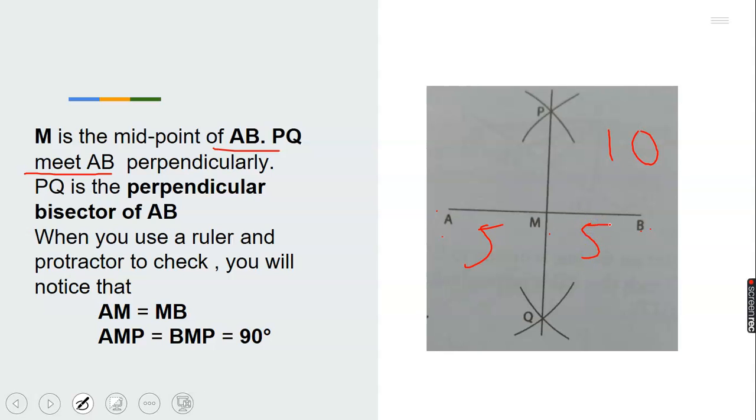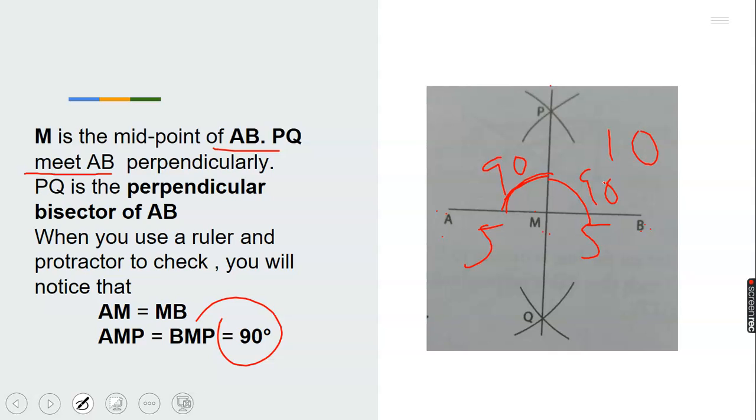When you now check with your protractor, I believe you should remember how we use our protractor to measure angles. Now, when you place your protractor here, by the time you measure, you find out that AMP and BMP equal 90 degrees. That is, here will be 90, here will also be 90 degrees.